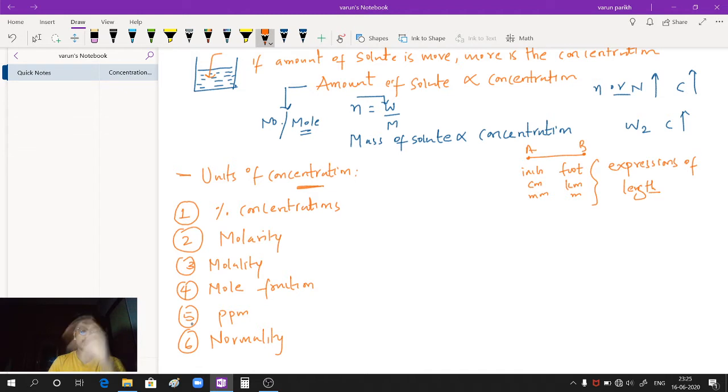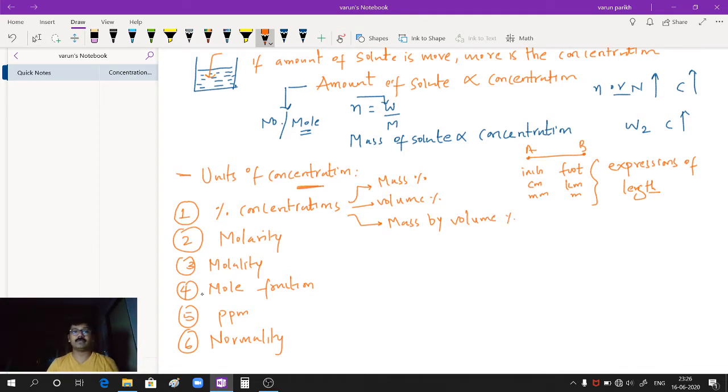Now, the question is, what are these? Percentage concentration is of three kinds. One is mass percentage, another is volume percentage, and the third is mass by volume percentage.